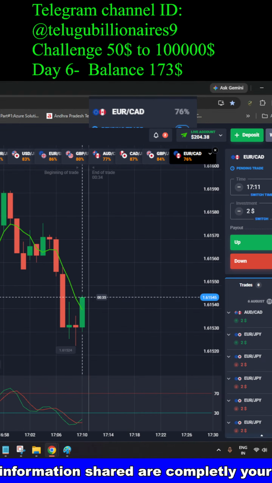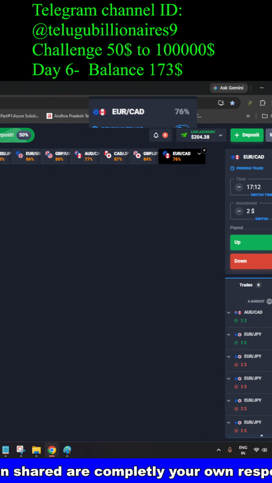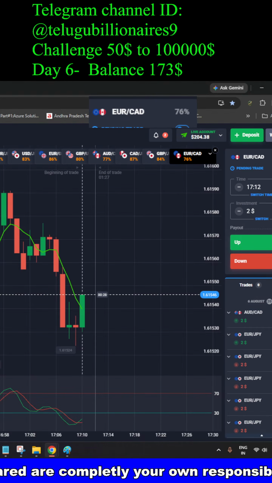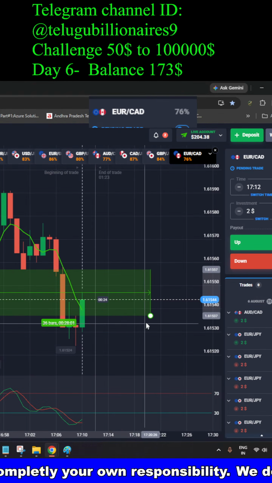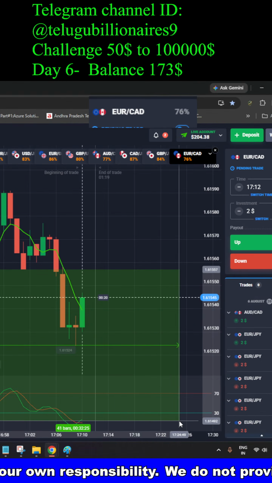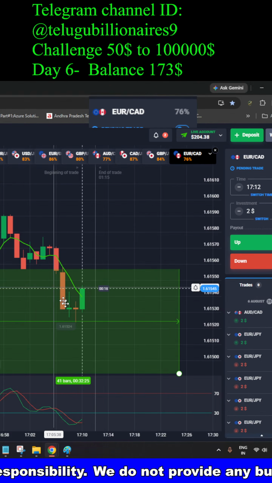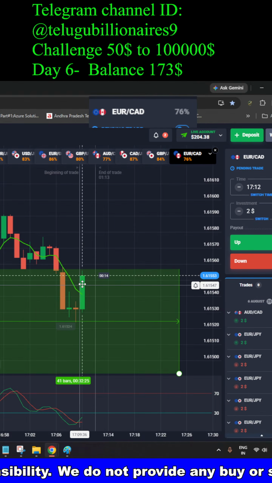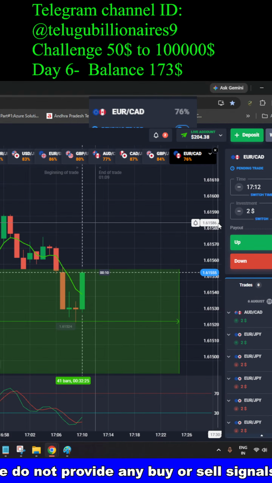The same way with lower lows also. These two are lower lows, right? This is a lower low, this is a lower low. Once the market comes to this area, then we'll go for an upside trade.